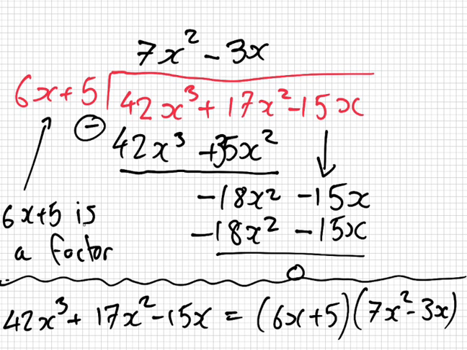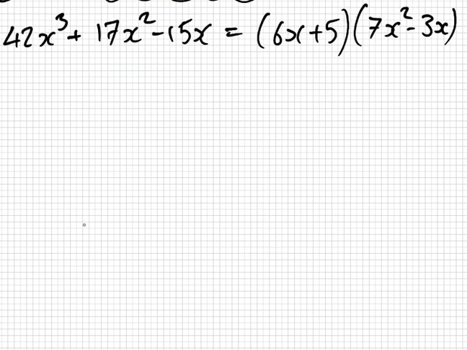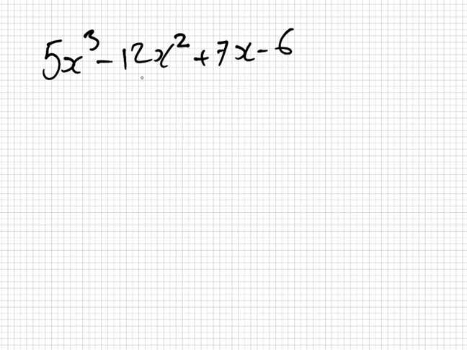So in number 3, I have this 5x cubed minus 12x squared plus 7x minus 6 all over x minus 2. And I ask you to simplify.